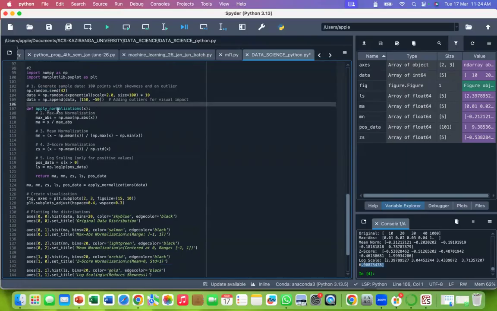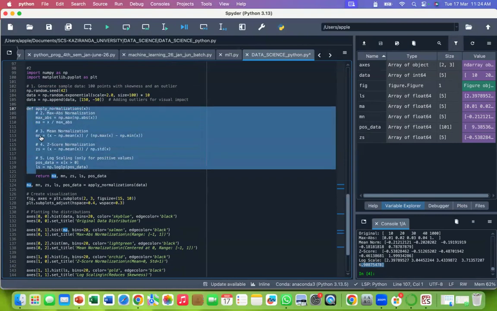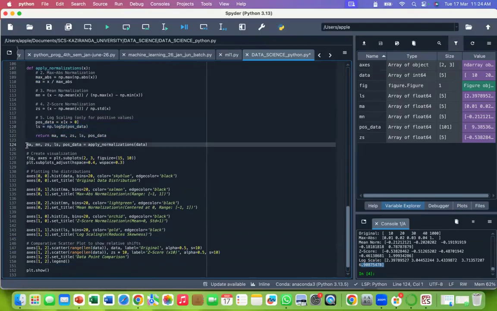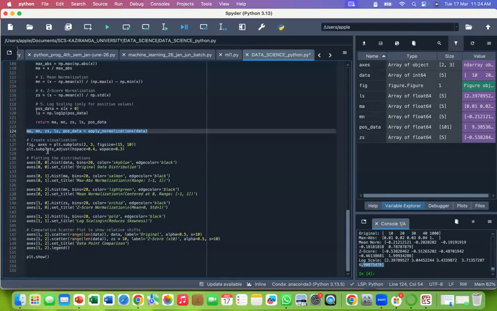Then again we define the normalization function, with max abs, mean, z-score, and log scaling all included with the same formulas, right? In the same way, we are returning the values and assigning them. Now for the visualization, we define plt.subplots with 2 rows, figure size 15 by 10, and adjust the spacing. We show it with the help of histograms. Data with 20 bins, color sky blue, edge color, and this is the original data distribution.